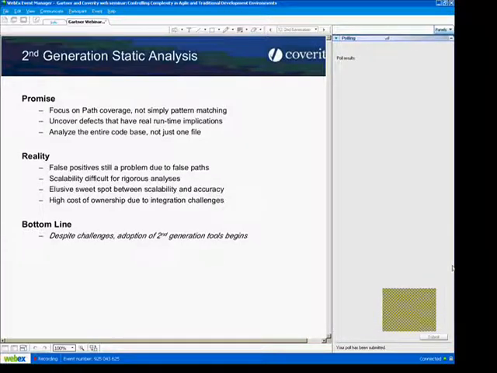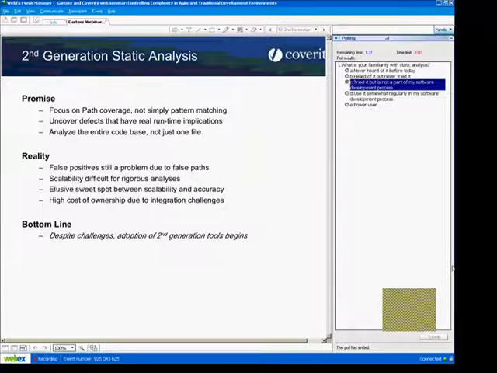The idea was to push down all the different possible paths through the code, uncover the defects that have real runtime implications, and try to analyze the whole code base all at once, not just a single file or a single function, but do full interprocedural analysis. That made a leap forward in terms of applicability, and with this type of technology, people could start adopting these tools in their development process.